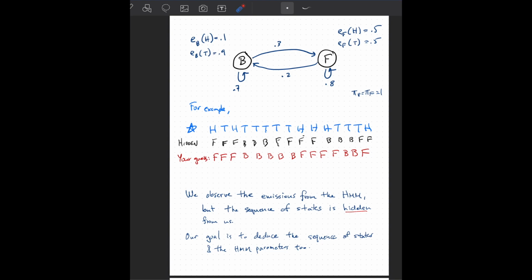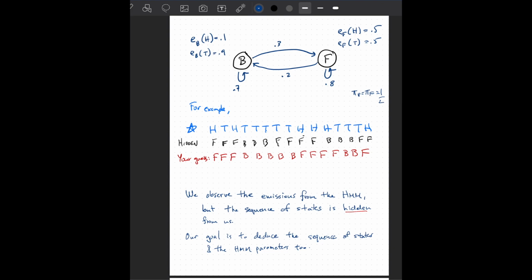We don't know her probabilities, but she might have continued to use the same biased coin with probability 0.7, and continued to use the fair coin with 0.8, but she'll switch the coins with probability 0.3 and 0.2. And the initial probabilities, this is a typo here, should be 1/2. So which coin she starts with is equally likely.